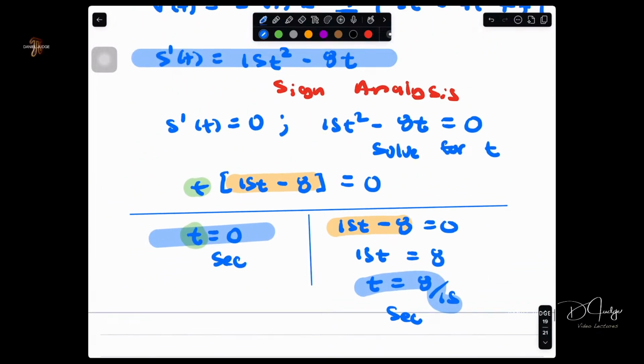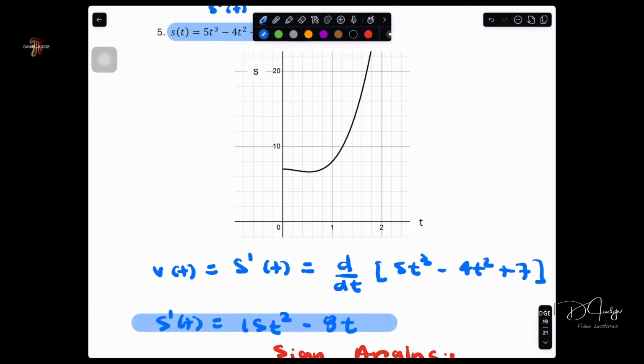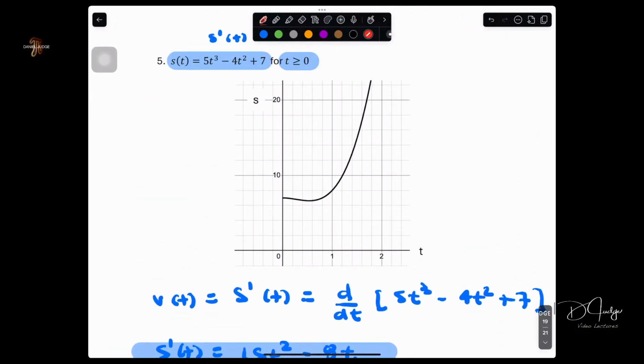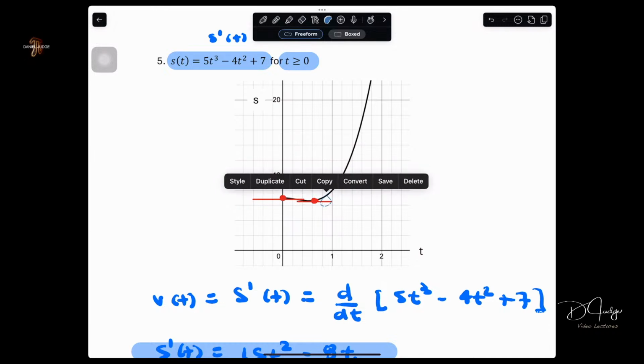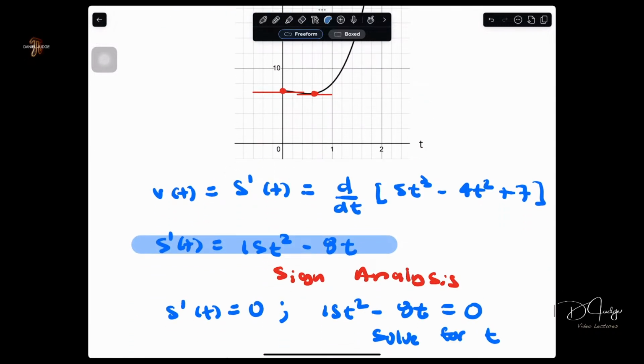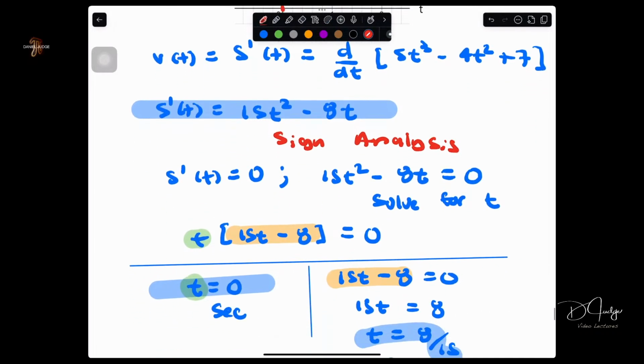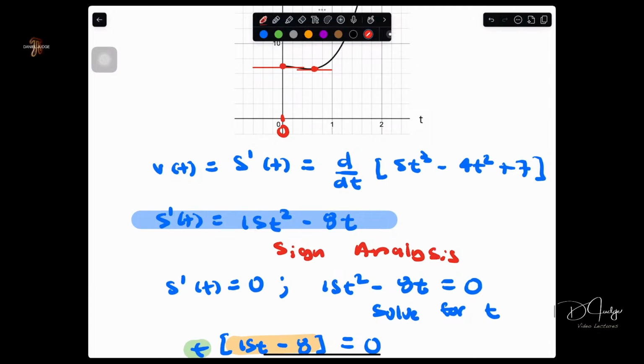Notice something here I didn't share with you guys, but these are the t values also where you got these horizontal tangents. I didn't share that with you in the other picture. This is where t is 0 down here, and this other one is 8/15 now.